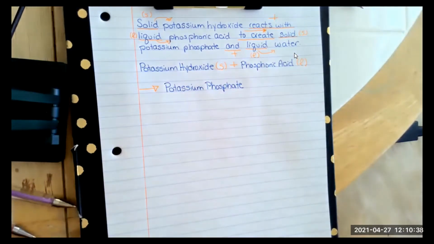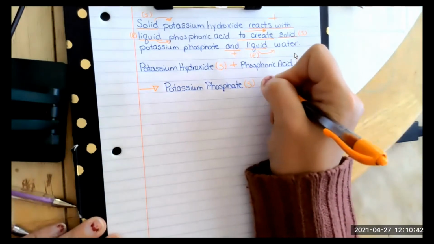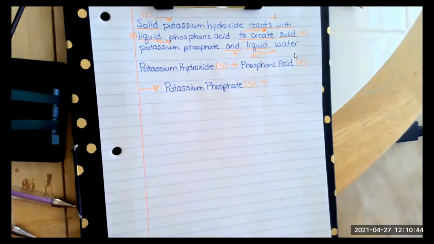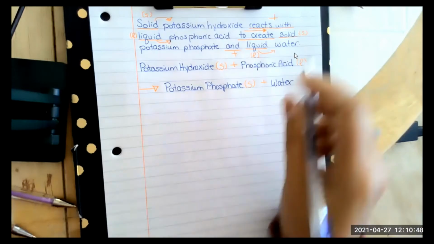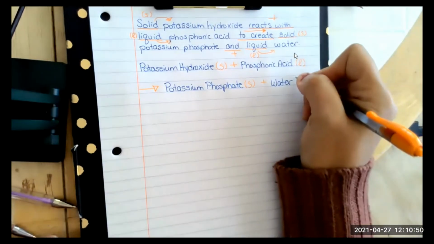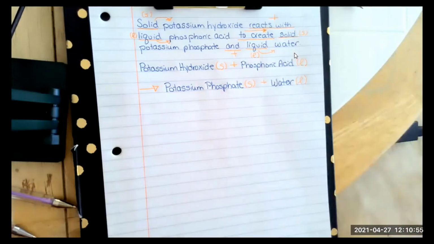And we go ahead and put the s next to it. Your and is a plus, and then we have liquid water. Our water is written, and then our state of matter is written after it. And that's how we've gone from written to word.